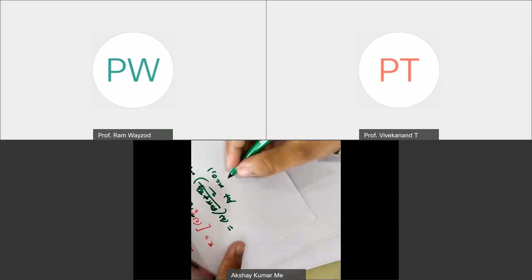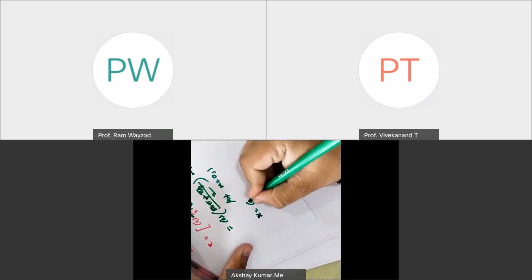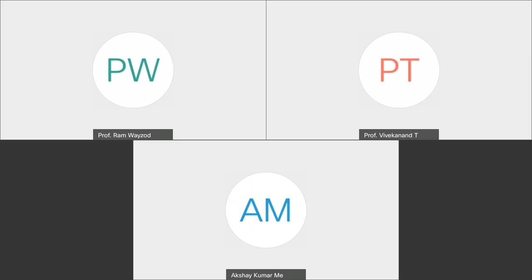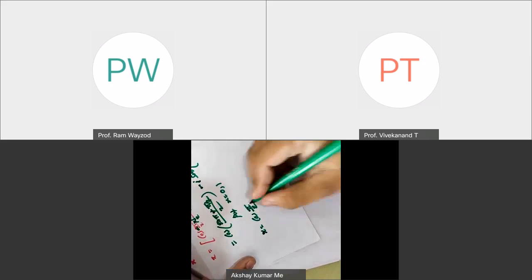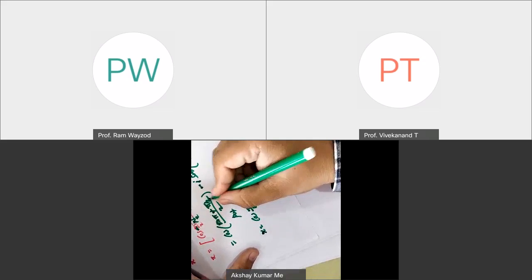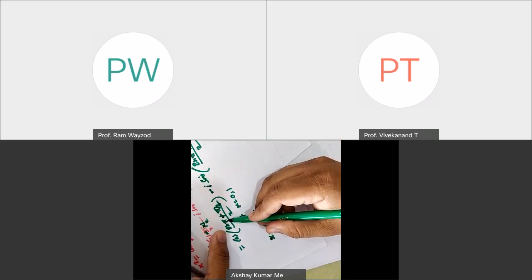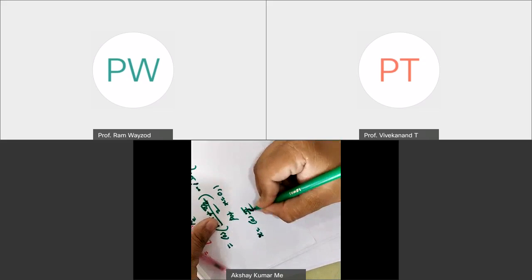In the next step, while we put x is equal to 0, cos pi by 2, 2 into 2, yes, this 2. If we put x is equal to 0, 2 and x pi, this term is 0, pi by 2 by 2, by 4.